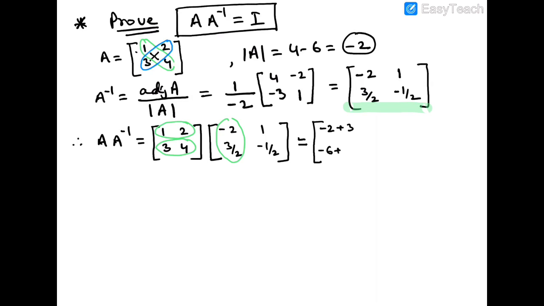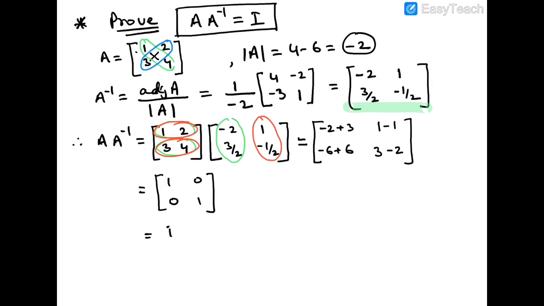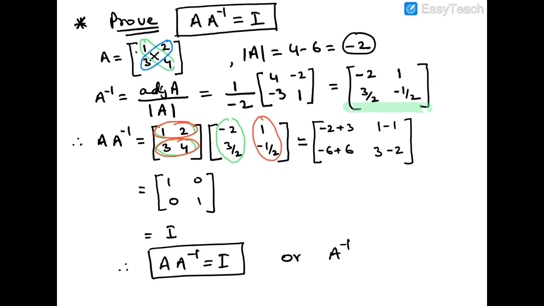Now multiply 3 with minus 2 and 4 with 3 by 2. Now take the second column and repeat the process. We will get 1 minus 1 and 3 minus 2, which will give us 1, 0, 0, 1, which is identity matrix. Therefore, A times A inverse is equal to I, or A inverse A is equal to I.